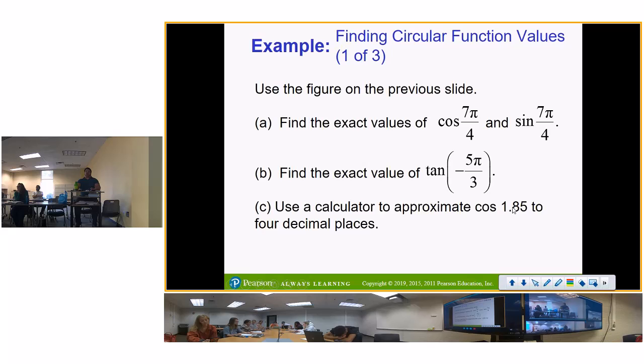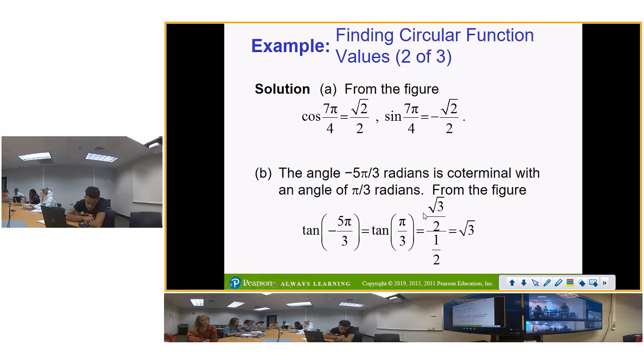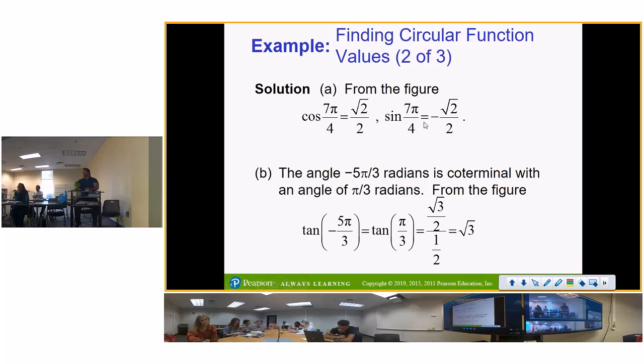So you have to put your calculator in radians. And that's the answer. Told you one was positive, the other one is what? Negative. Same thing here. The tangent is the what? What's the tangent? Sine over what? Cosine. So that's what you do there to get your tangent.